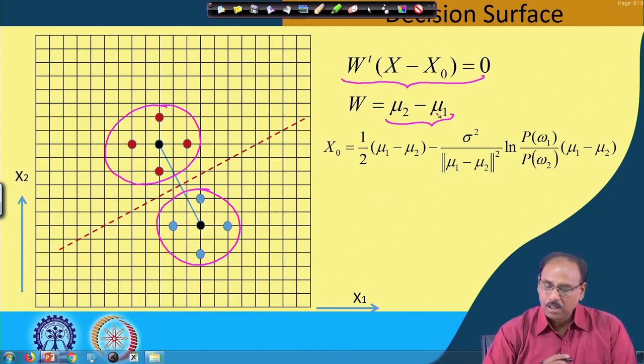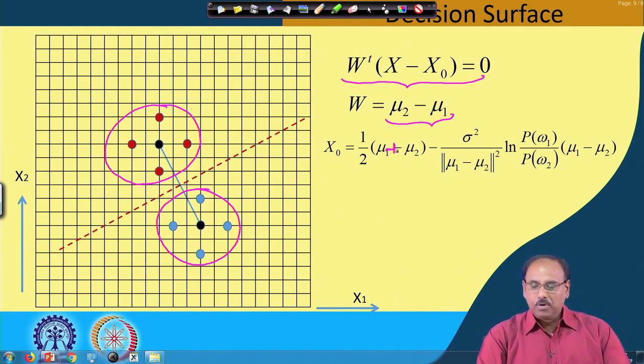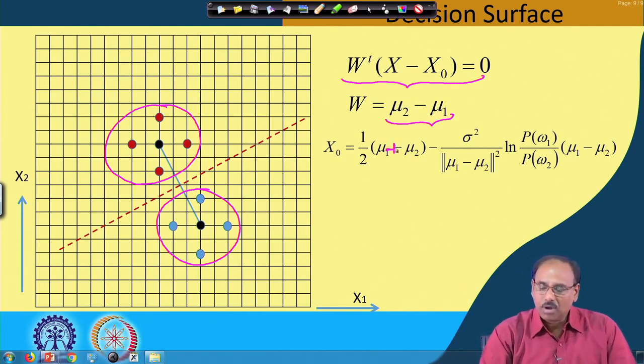And the middle point will be given by, there is a mistake, it is not mu 1 minus mu 2, but it should be mu 1 plus mu 2. The point on this decision boundary is given by x naught equal to half of (mu 1 plus mu 2) minus sigma squared upon the squared norm of (mu 1 minus mu 2), into log of P(omega 1) upon P(omega 2), into (mu 1 minus mu 2).